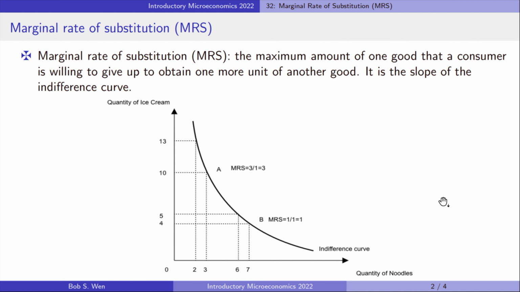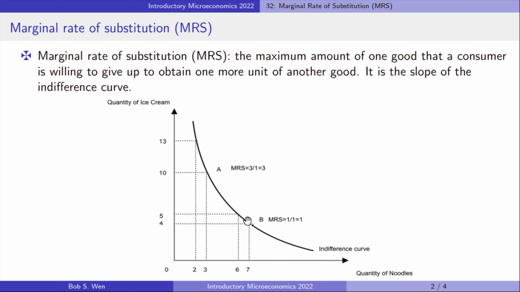For instance, if at point A, the consumer is willing to give up 3 ice cream cones for one more bowl of noodles, then the marginal rate of substitution is 3 ice cream cones per bowl of noodles.